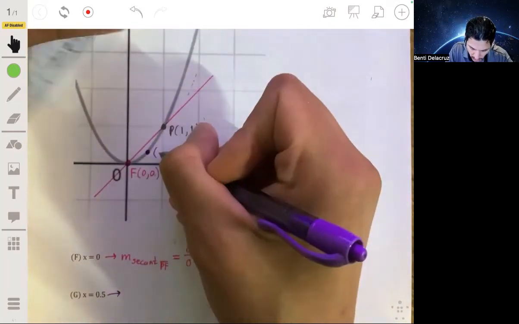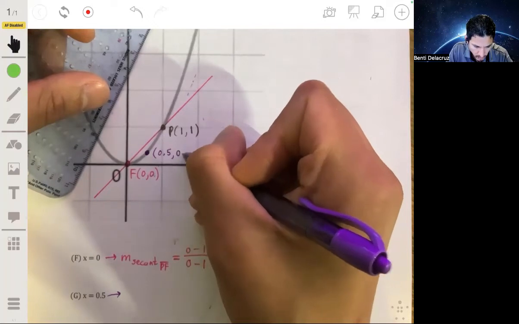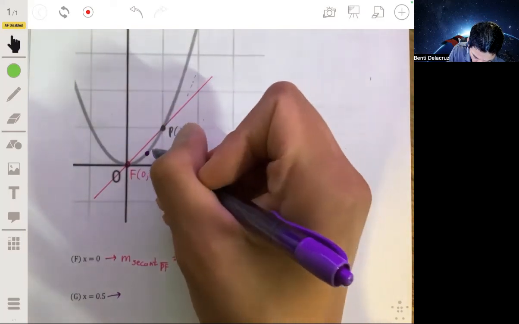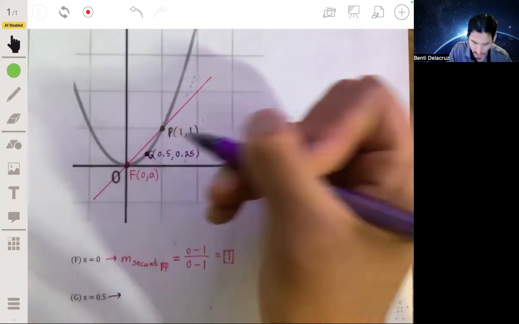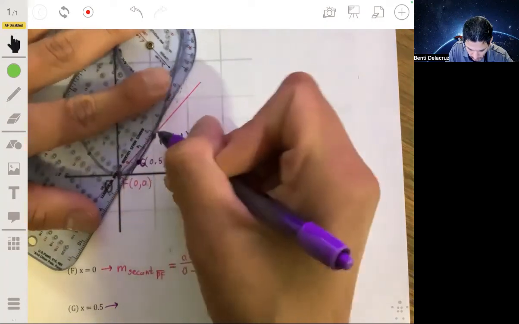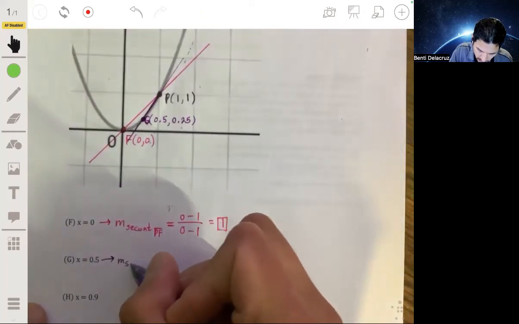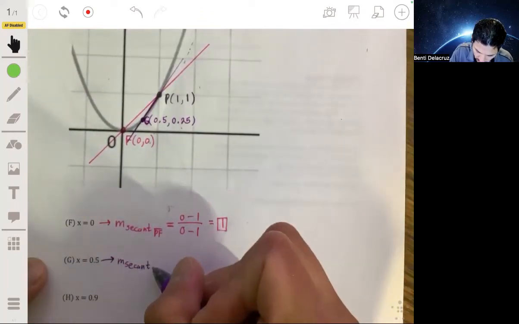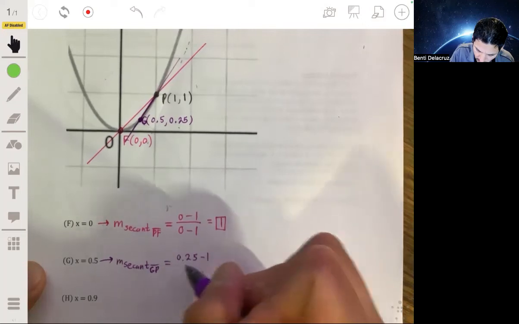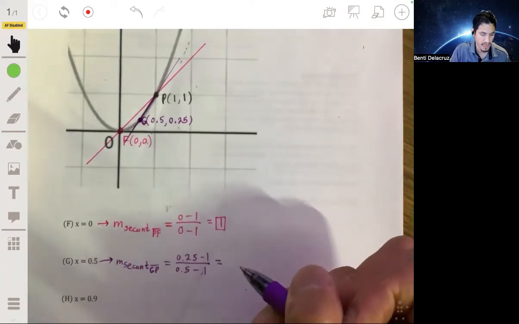So we'll have our point at 0.5 and 0.5 squared, which should be 0.25, we'll call that point G. So the slope of the secant GP will be 0.25 minus 1 over 0.5 minus 1. And here we would get 1.5.